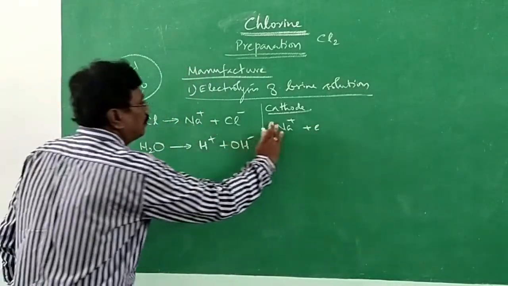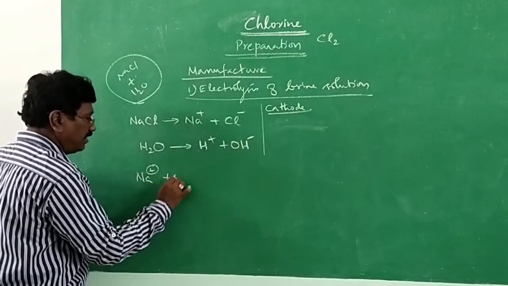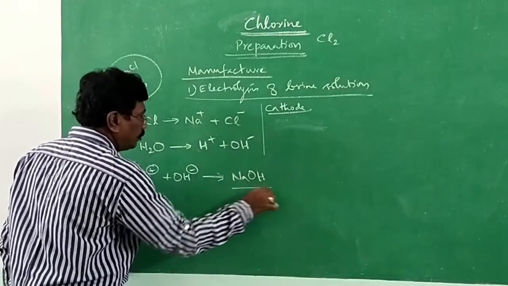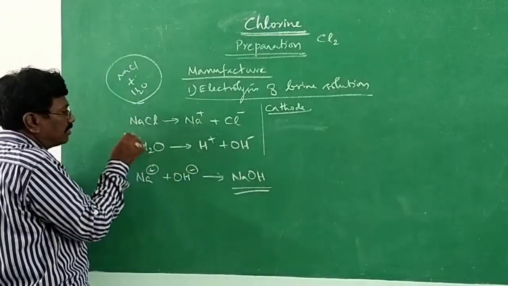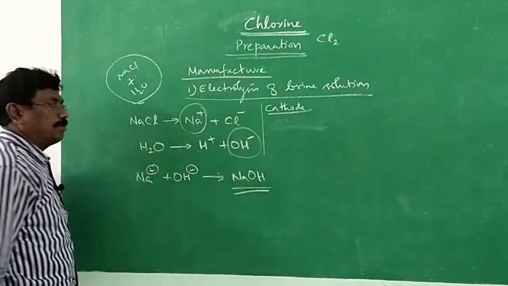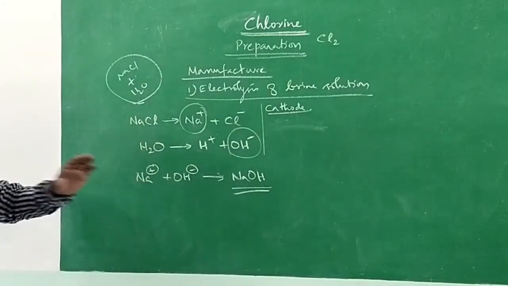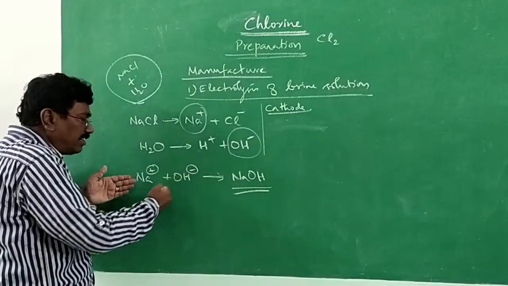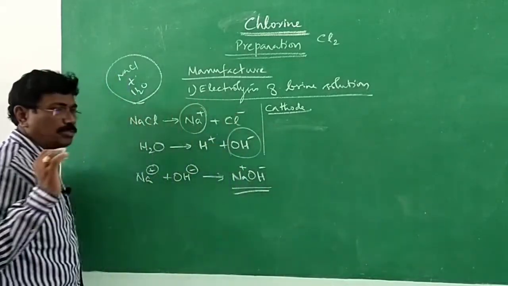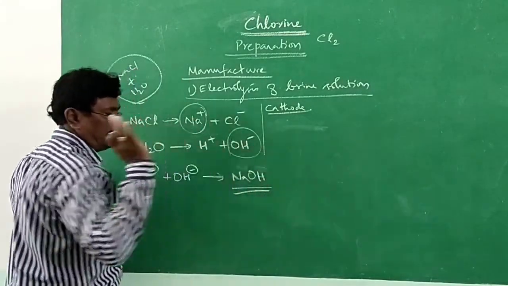Before that, Na plus and OH minus get combined to become NaOH, sodium hydroxide solution. Of course, it exists in the form of Na plus and OH minus only. I am not saying literally that they combine; it is existing in the form of Na plus and OH minus, and we are saying it as a molecule, that's all.